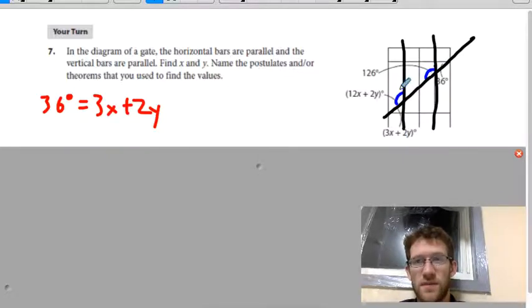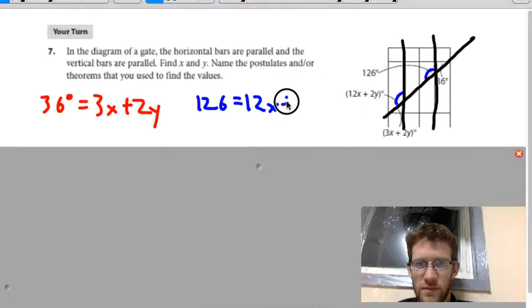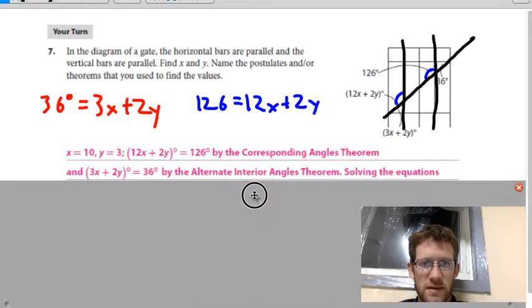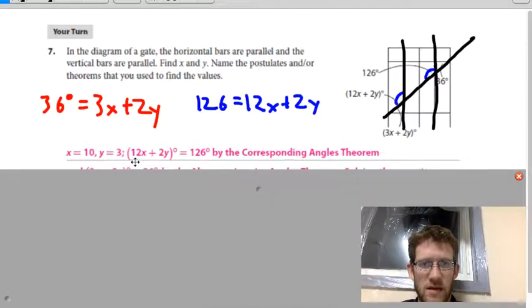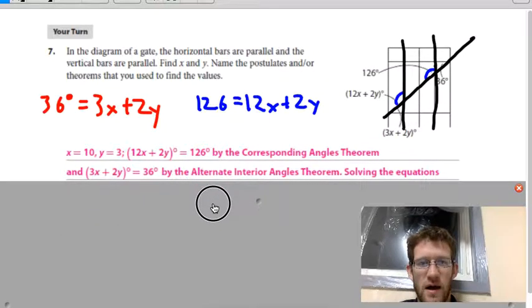These are corresponding angles. So again, we can say 126 is equal to 12x plus 2y. So that's where they get these equations here: 12x plus 2y equals 126, and 3x plus 2y equals 36.